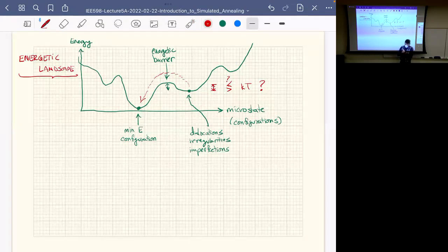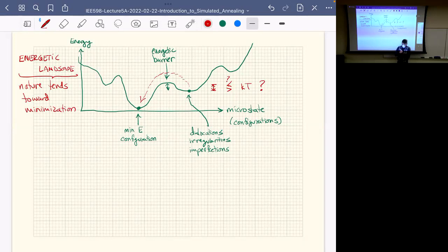So in this energetic landscape, nature tends toward minimization, albeit over very long time horizons.